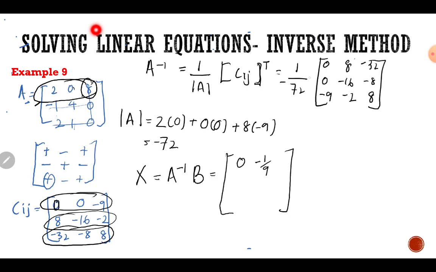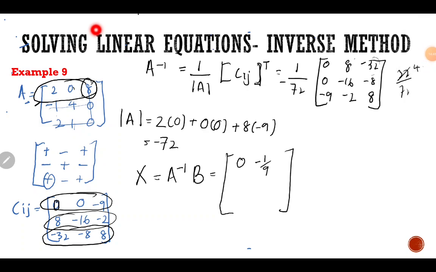Negative 32 bahagi dengan negative 72, boleh bahagi dengan sifir berapa ni, sifir 8. Sifir 8 negatif 32 bahagi dengan 72. Ni 4, 8 darab 4 kan.